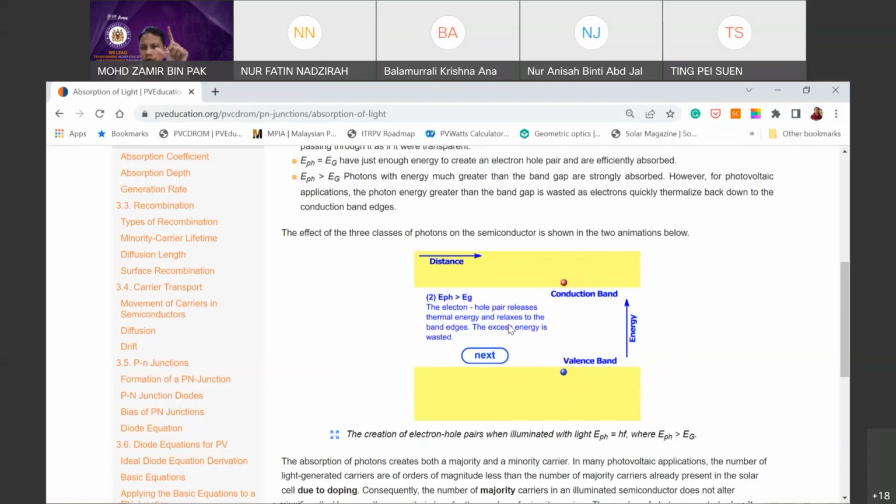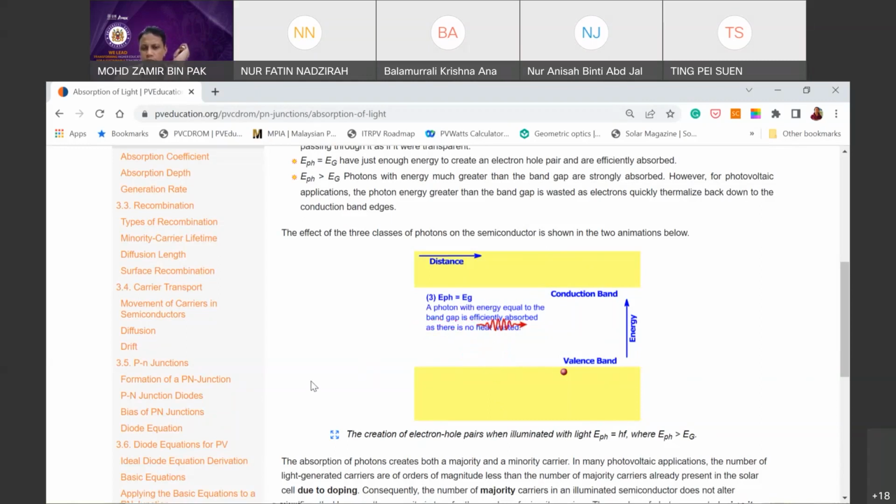So maksudnya if you work on optical devices like solar cells or light sensors, if you absorb photons with energy more than the band gap, the extra energy will be wasted as heat. Okay, so those are actually opportunities for you to think of what else can be done with that wasted energy, right?